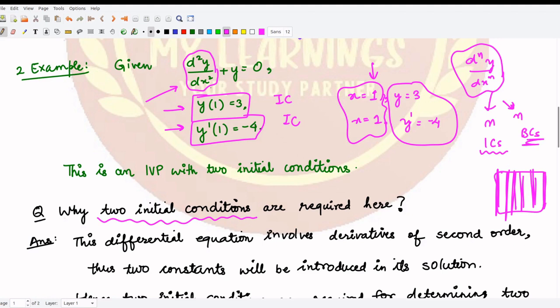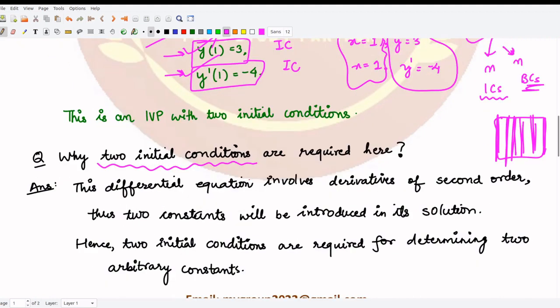Because when you solve this kind of differential equation, you would have the solution in terms of x, some function of x plus some constants, a and b. So in order to get the values of these two constants, two conditions are required, right? We'll make use of these two initial conditions to determine these two arbitrary constants, which you can substitute in the solution and get back the solution.